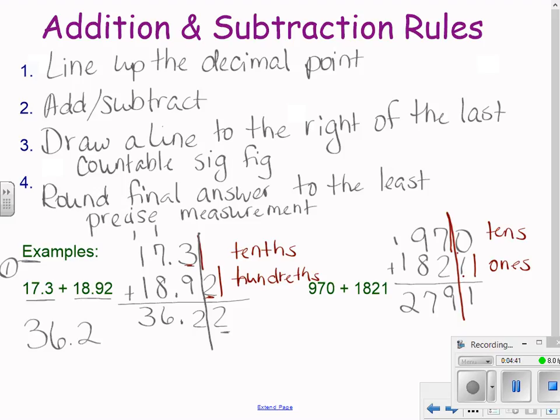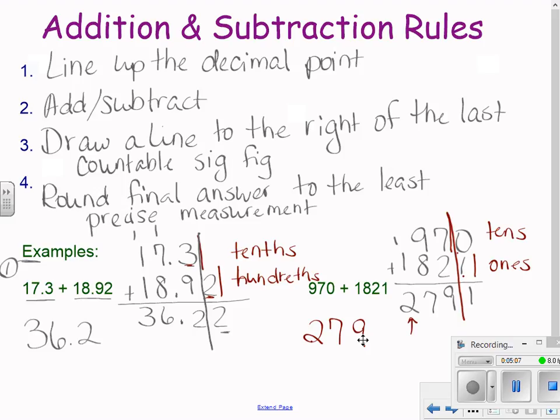It's harder when you're rounding using whole numbers, because you have to add zeros at the end to make sure that your numbers all line up in the correct place. My first digit needs to be in the thousands place because it's 2,791. So my final answer when I write it cannot just be 279, because right now the 2 is 200.